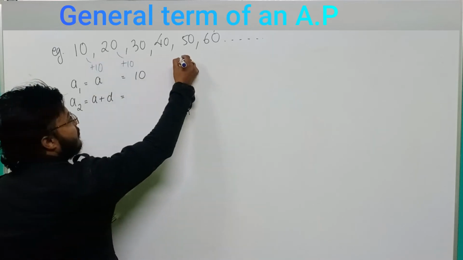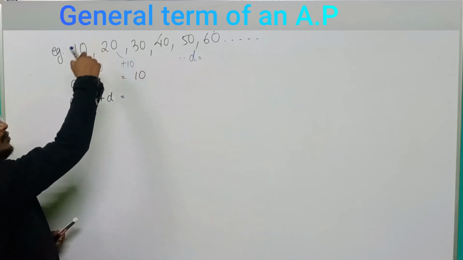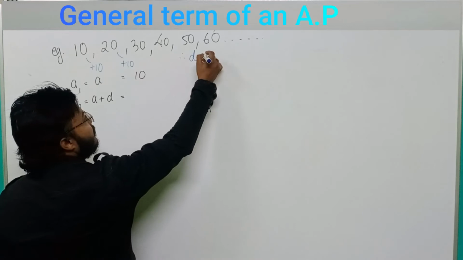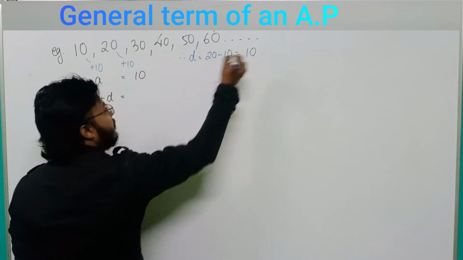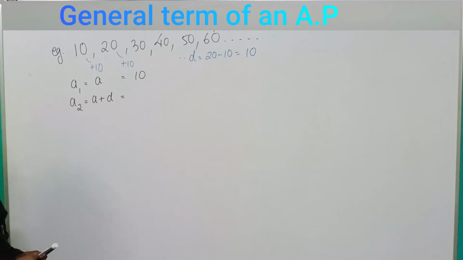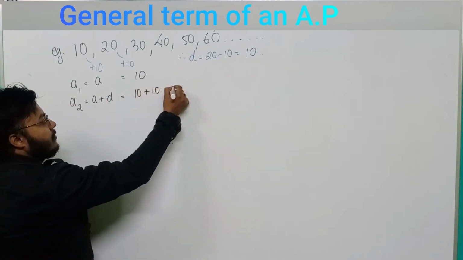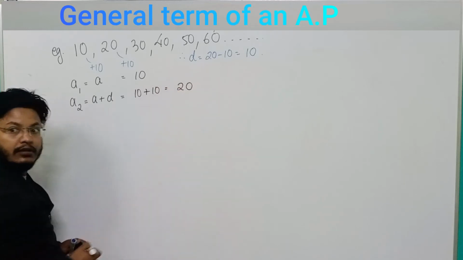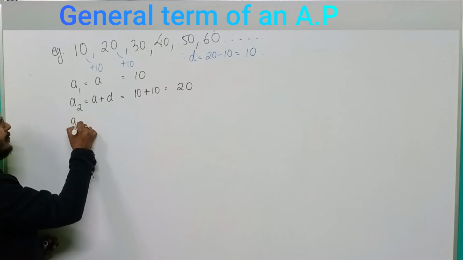D is any term minus the preceding term. So you know the formula. Let us take 20 minus 10, so I'm getting 10. D is 10 and A is 10. So let us add it, 10 plus 10. How much did I get? 20.